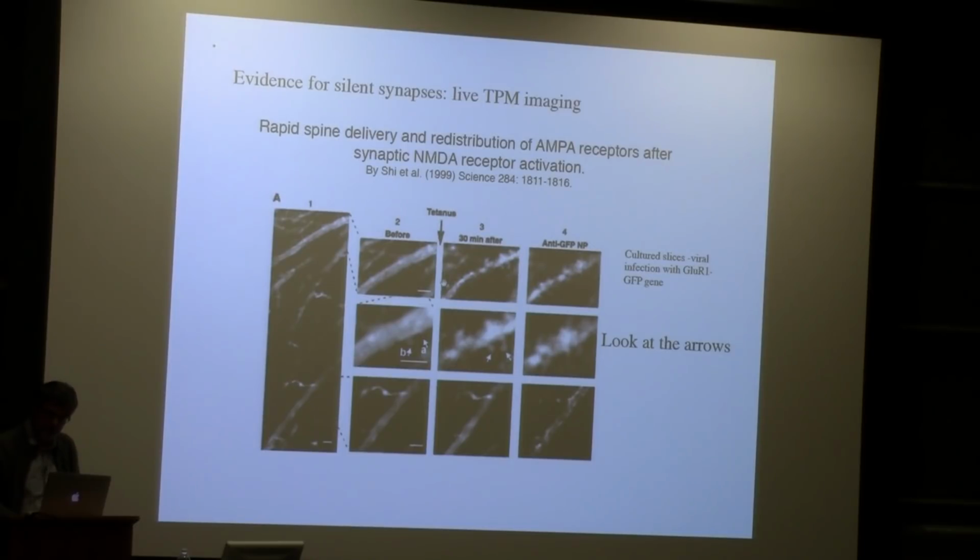What you're observing is that this is before and this is after. You can see that's the spine, with a lot of fluorescence in it. Before, all of the AMPA receptors were confined to the dendrite. You induce tetanus, and many of those AMPA receptors move from the dendrite into the spine, into the synapse. So you have a kind of translocation.